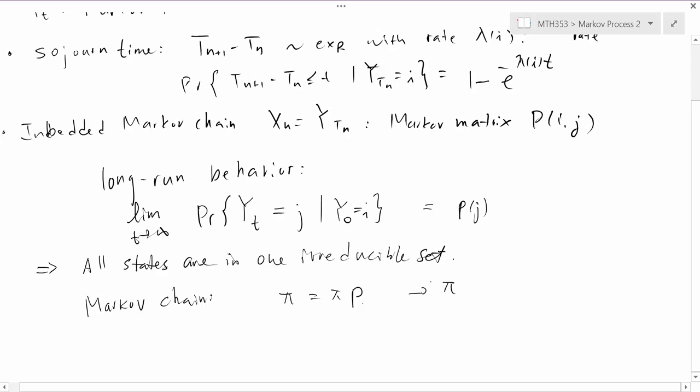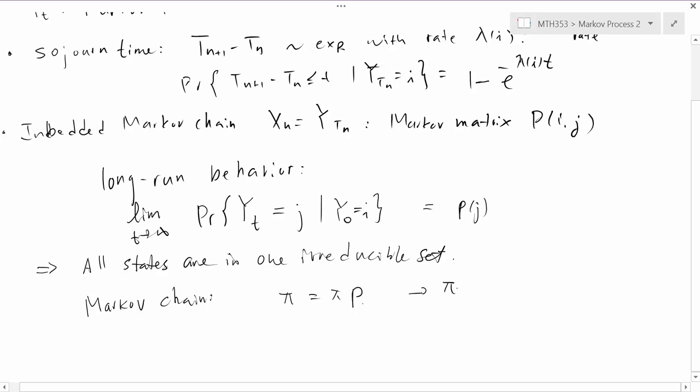But for the Markov process, it's easy to understand that this pi does not capture all the information that we need about the process being in state j. The reason is this pi tells us only how likely the state is going to jump from i to j. But how long the system is going to stay in state j, we need to know the sojourn time distribution.